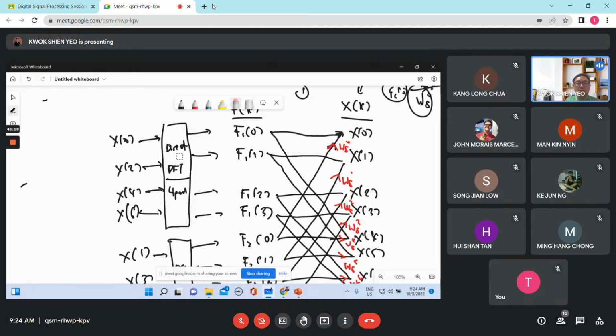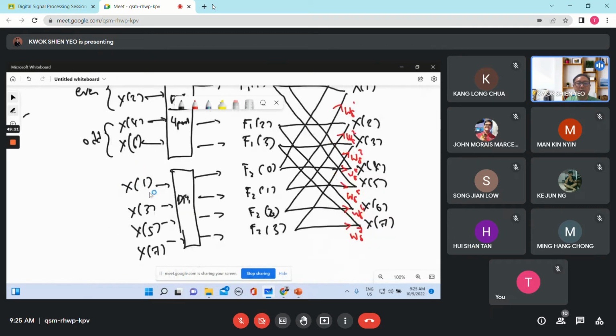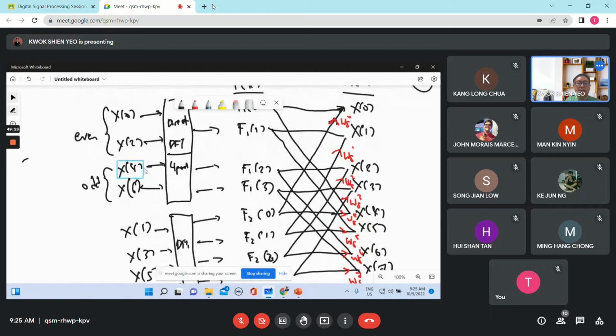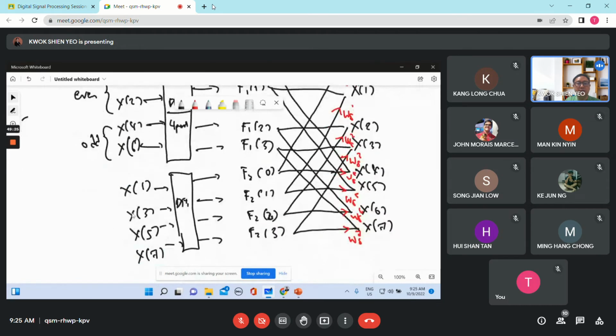This would be my even, and this is my odd: 4 and 6 is my odd entry, 0 and 2 is my even entry. I wanted to break it further. I don't show you the bottom here, I just show you this part, then you infer the bottom yourself.